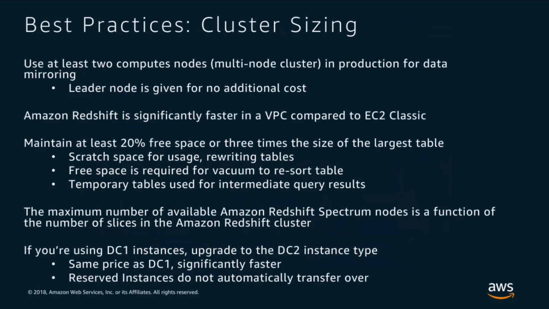So the best practice on cluster sizing is to pick the node type first that you know you want to go with, dense storage or dense compute, and size it first based off of the amount of storage that you need. So for example, if you had 10 terabytes of raw storage and you assume roughly 3 terabytes after compression, you would need probably close to about 5 terabytes of space to maintain a healthy free space amount.